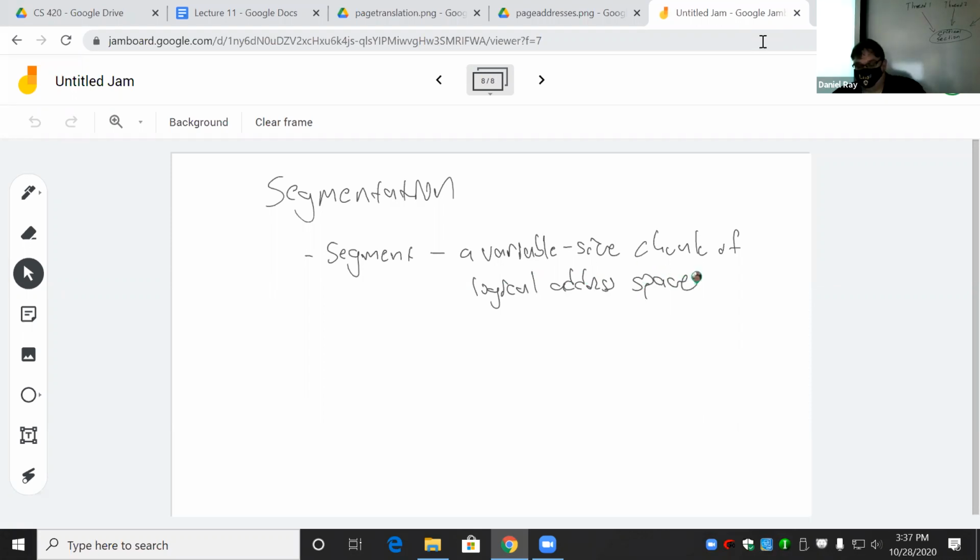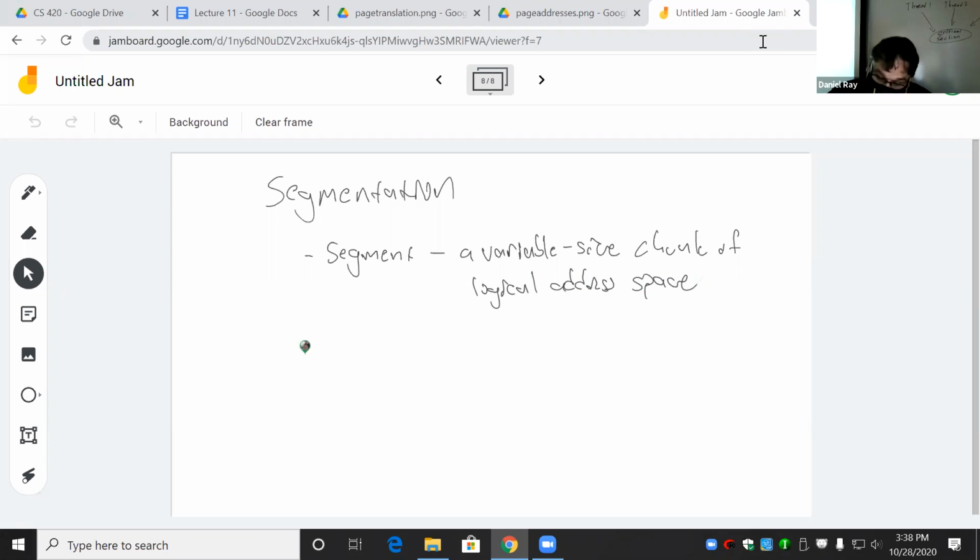How does that make it different from a page? It's variable sized and pages are fixed size. Okay?